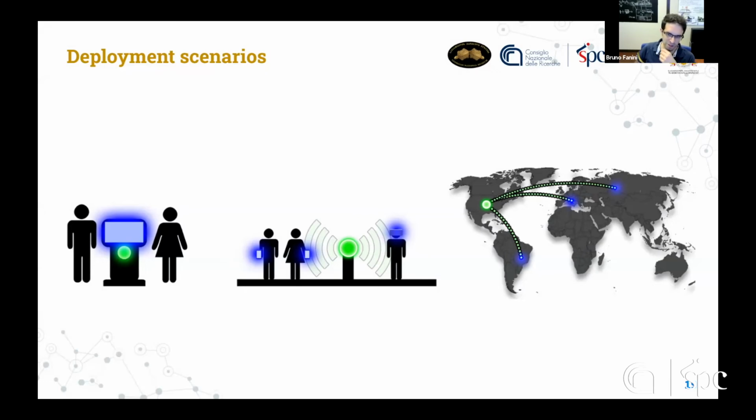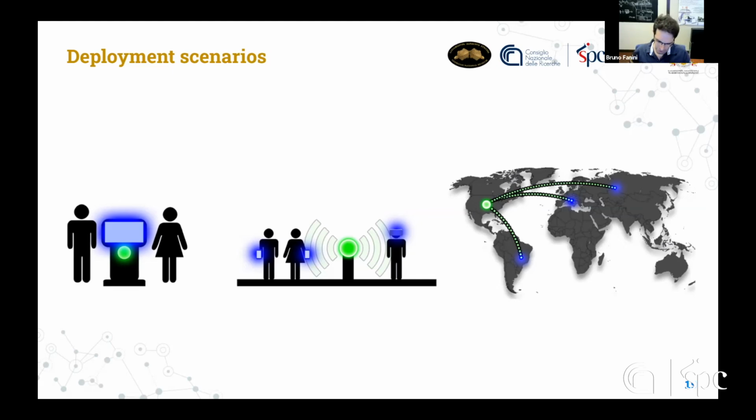So here you can see three basic scenarios. There are examples, starting from the very basic one, with a museum kiosk, for instance, with an offline solution. You don't need any internet connection.